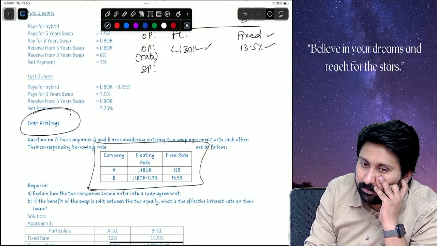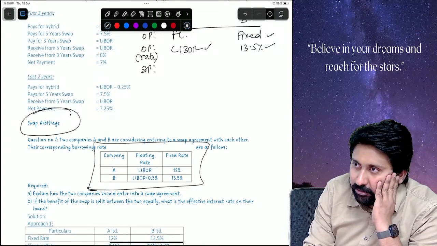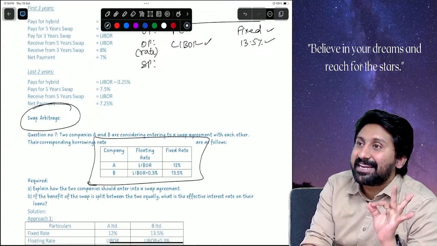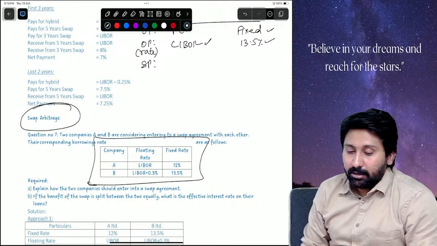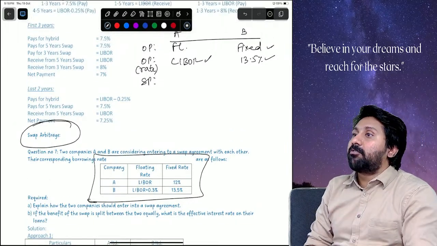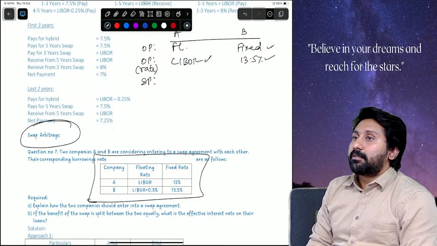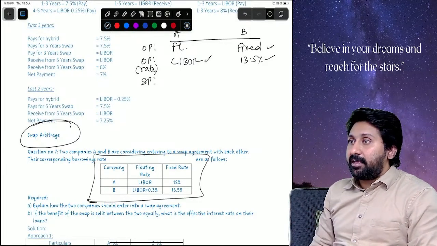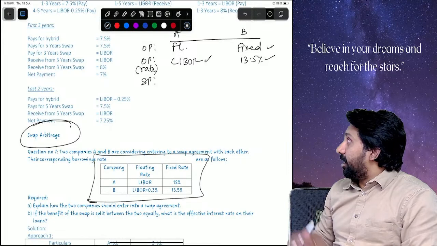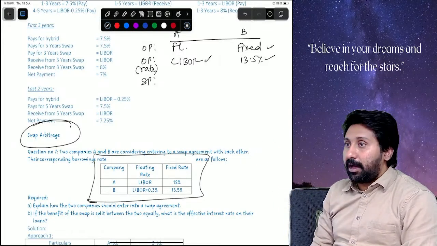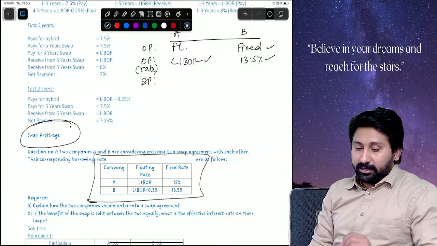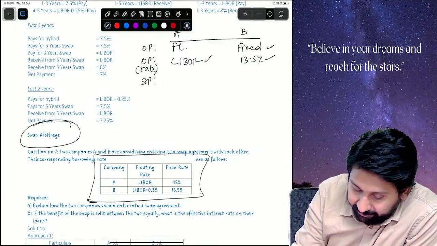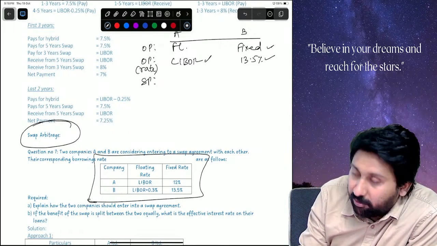Okay, now? Shall we continue? Tell me, who is less risky? Who is more risky? B. So, B can borrow at what rate? Fixed rate. A can borrow at floating rate. Floating rate means what rate? LIBOR. Fixed rate means what rate? That means fixed rate I don't want to borrow.